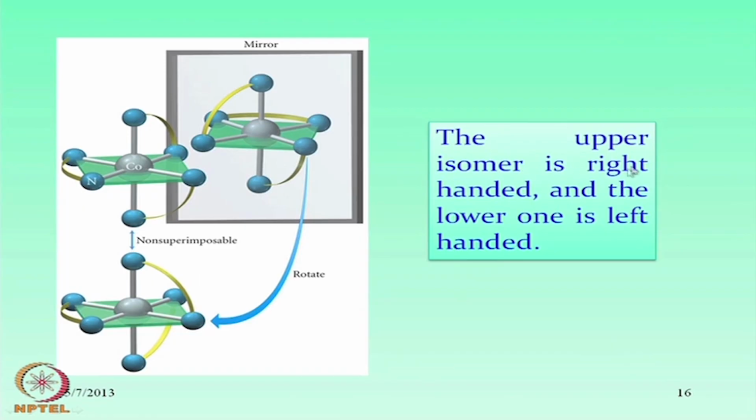So the upper isomer is right-handed and the lower one is left-handed. This chelate ring is going from here to here, that means right hand, and here to here is also right hand. But this particular one, when we move from there, is in a different direction.